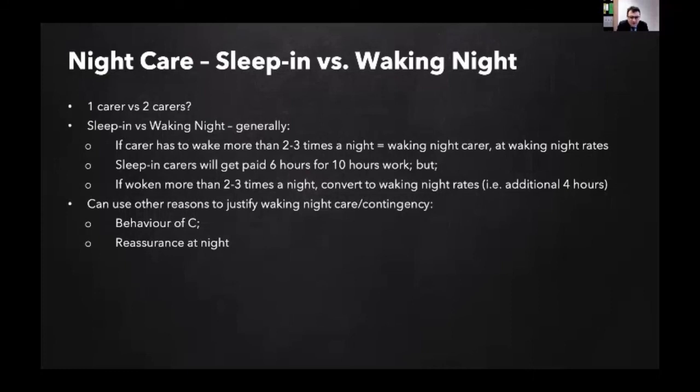There is a threshold, really, that helps establish whether a carer is likely to be a sleep-in carer or a waking night carer.